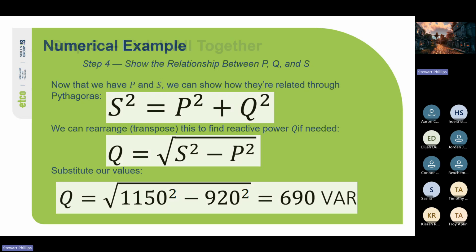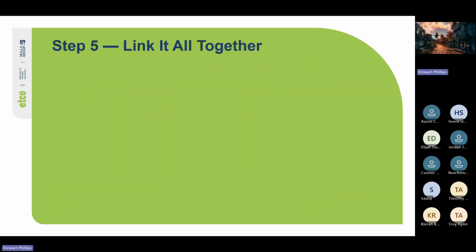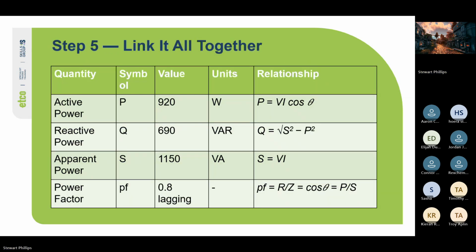Cool. So now we can link it all together. This is our beer glass in numbers: 920 watts of beer, 690 volt amps reactive of foam, and a total glass of 1150 volt amps.